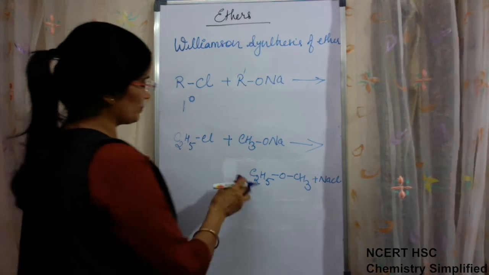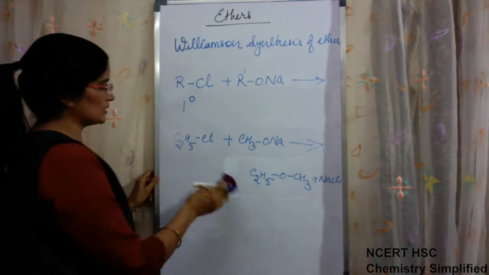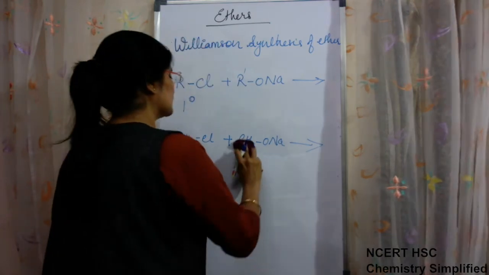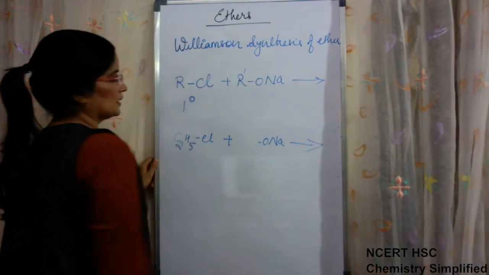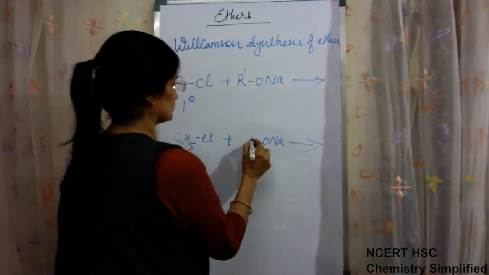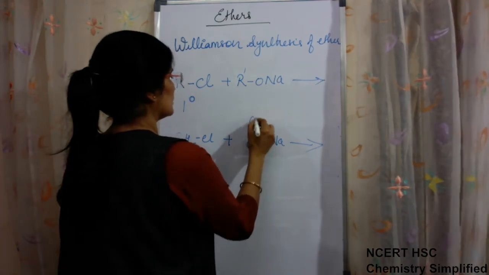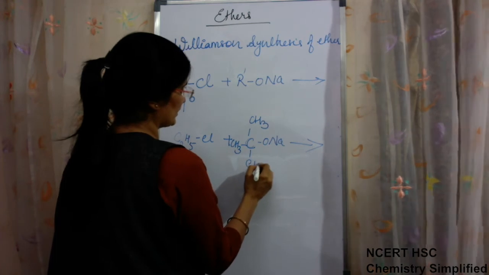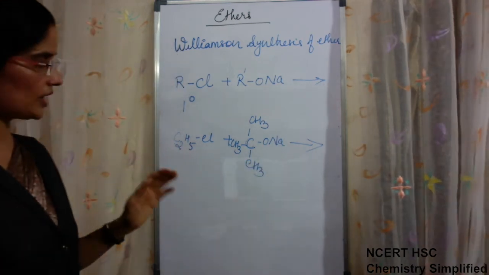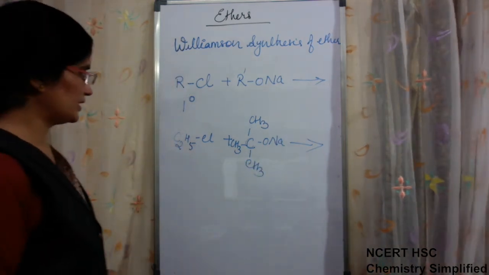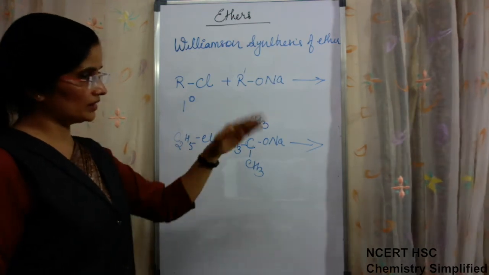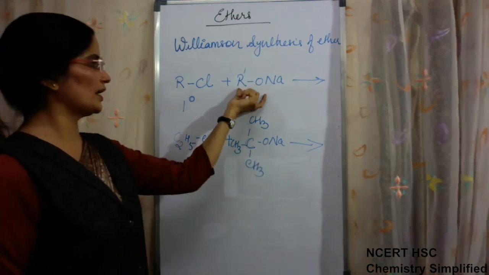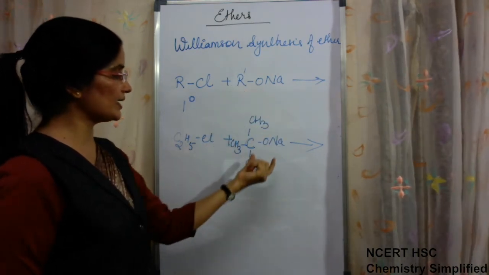Suppose we have to prepare an ether which is having branching, then in that case what we can do is the alkoxide which we are using can be of any degree. It can be 1 degree, it can be 2 degree, it can be 3 degree. So if we want to prepare a 3 degree ether, then we can only take the alkoxide molecule as 3 degree.